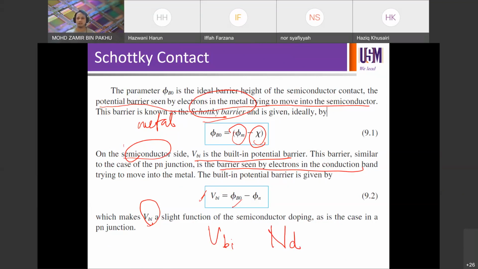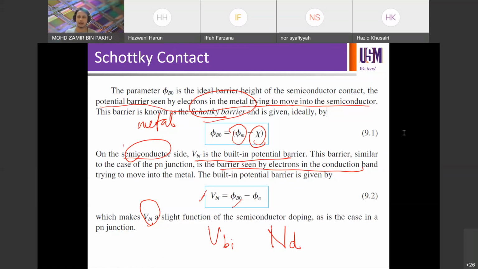Remember the VBI equation? What does it say? Are they proportional to each other or reciprocal to each other? Anyone can recall? Remember when we did the calculation last time?